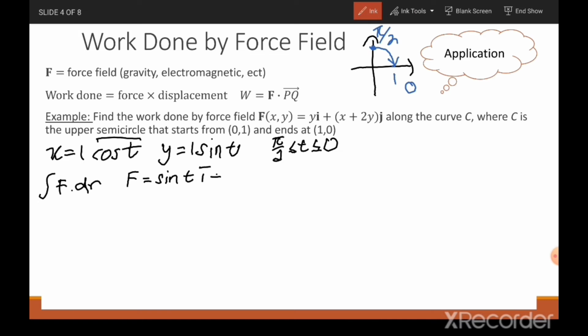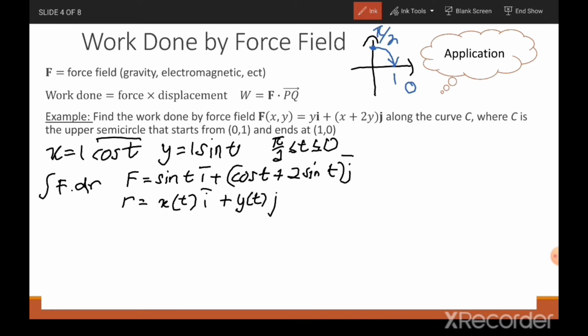So sin t for vector i plus, x is cos t plus 2 sin t for vector j. And r is equal to x vector i plus y vector j, which is cos t for vector i plus sin t for vector j.